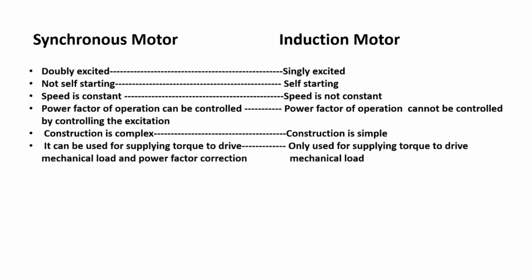And next point is it can be used for supplying torque to drive mechanical load as well as power factor correction, as by changing the excitation we can control the power factor. It is also used for power factor correction, but that is not possible in the case of induction motor. It is used only for supplying torque to drive the mechanical load.